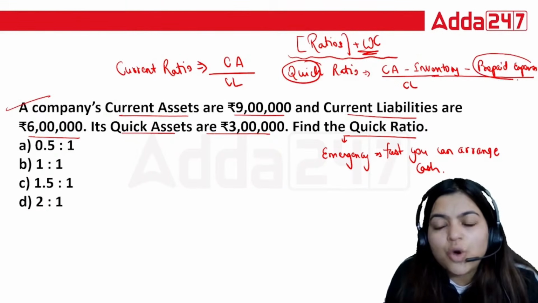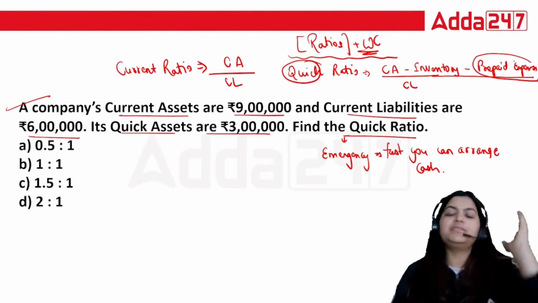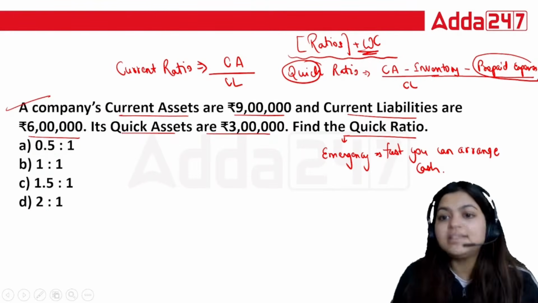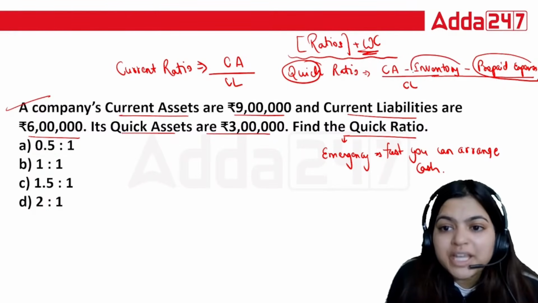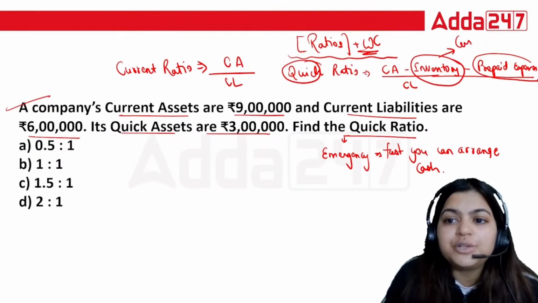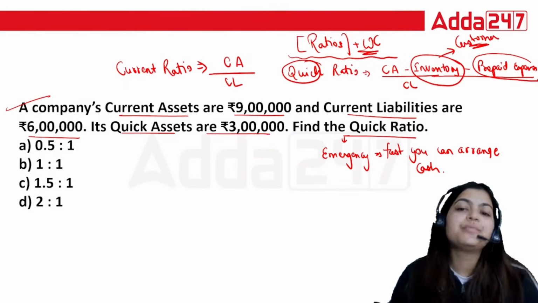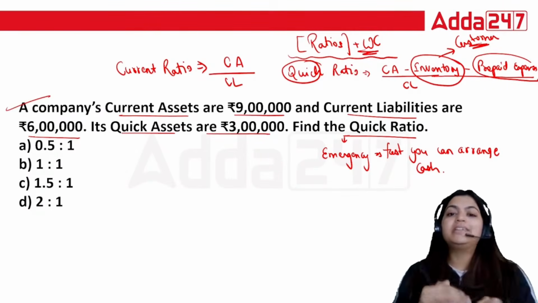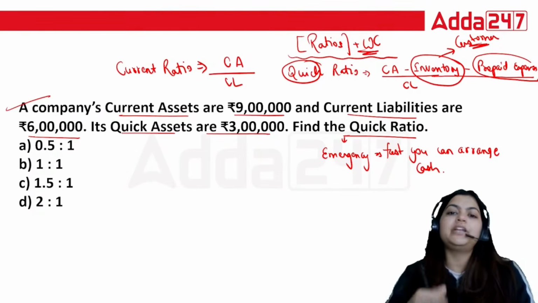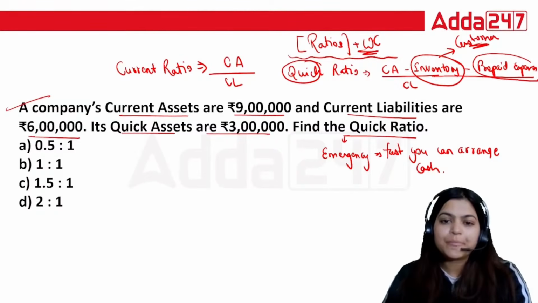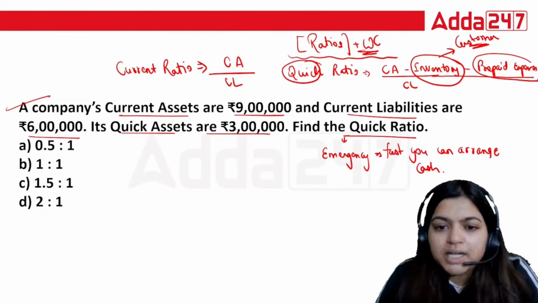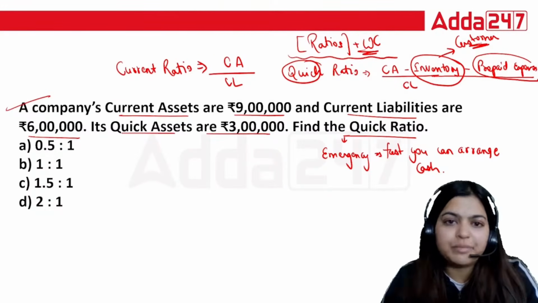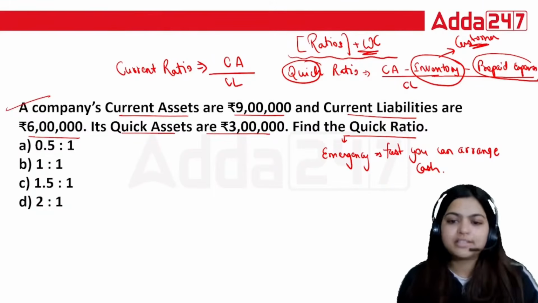Prepaid expenses were paid months ago, so no cash will be received in future. Inventory, if you want to sell, first you need to search for customers. Whatever inventories you keep in your godown are not in a liquid position, because to convert them you require customers. That is why inventories and prepaid expenses, these two things we subtract.